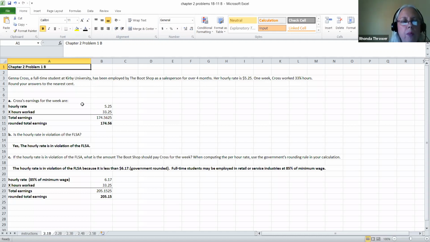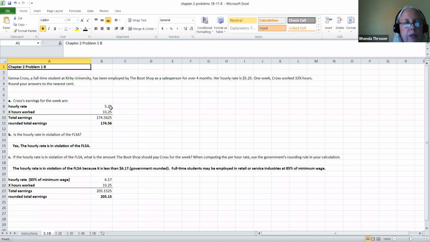So what's happening is this employer is paying the employee $5.25. We're going to multiply that by the number of hours worked. Notice it's less than 40, so we don't have to pay any overtime to this particular employee. So the hours are 33 and 0.25, or 33.25, which is equal to 33 and a fourth hours.